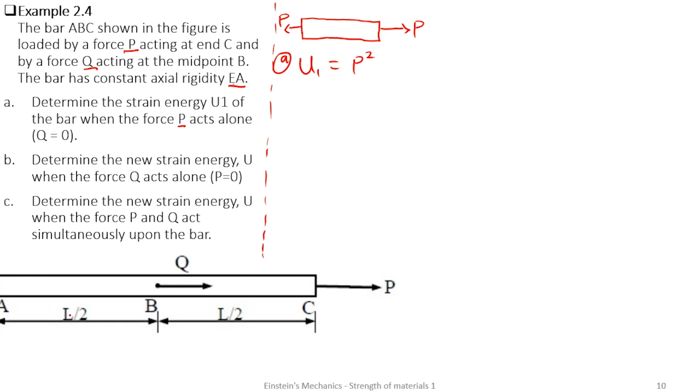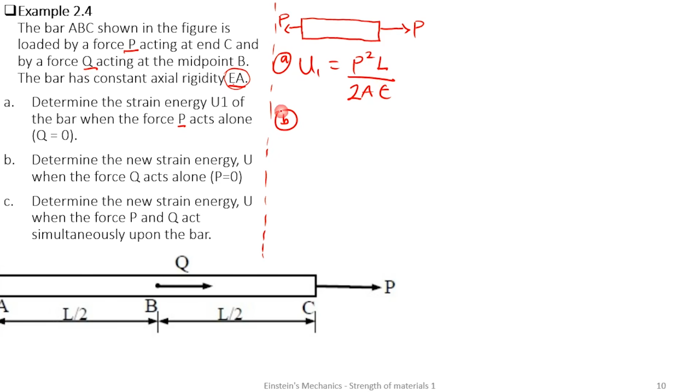The length of the bar is half the length plus half of the length, which is the total length L. P squared L, and the formula is 2 area E. The area E was given here, and we have 2 times it, meaning the strain energy U1 when the force P acts alone is going to be P squared L over 2AE. It's the same as the formula.